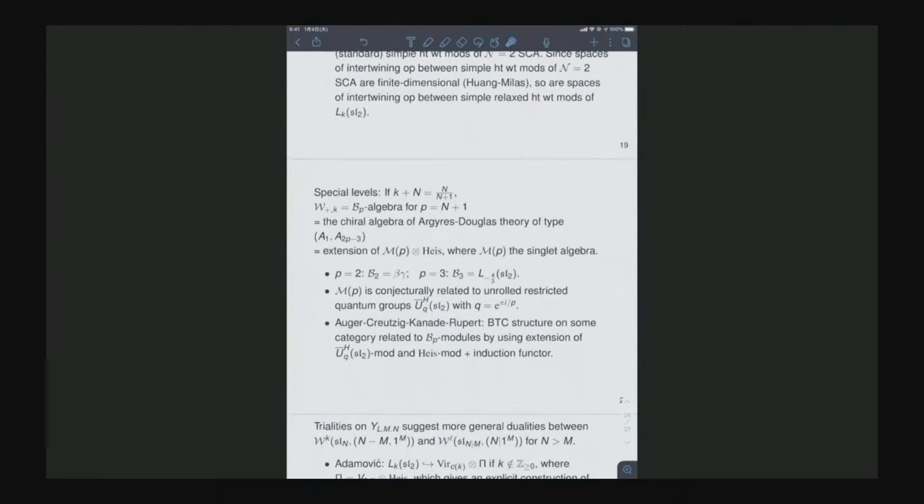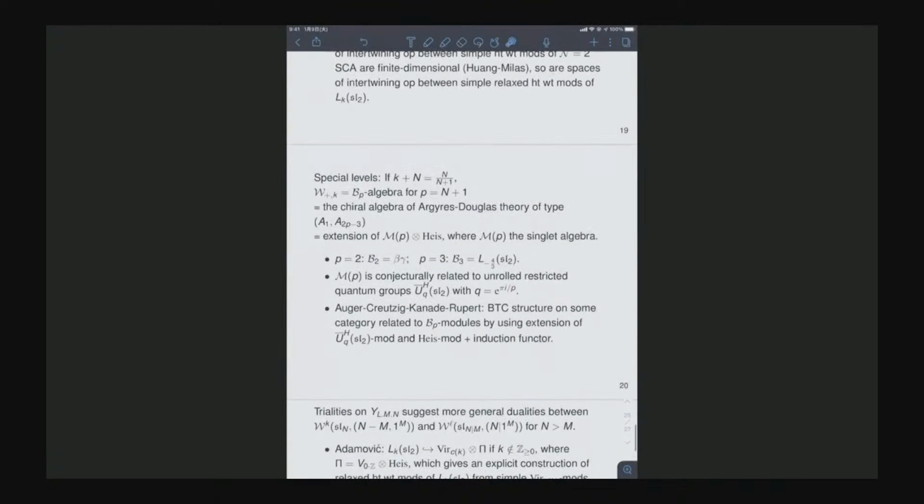Motivated by this extension, M(p) is related to a quantum group called the unrolled restricted quantum group. Adamović, Creutzig, Genra, and others proved a braided tensor structure on an extension category related to the M(p) module category tensored with the Heisenberg module category. This B_p module category corresponds, conjecturally, to the M(p) module category extended by the Heisenberg module category.